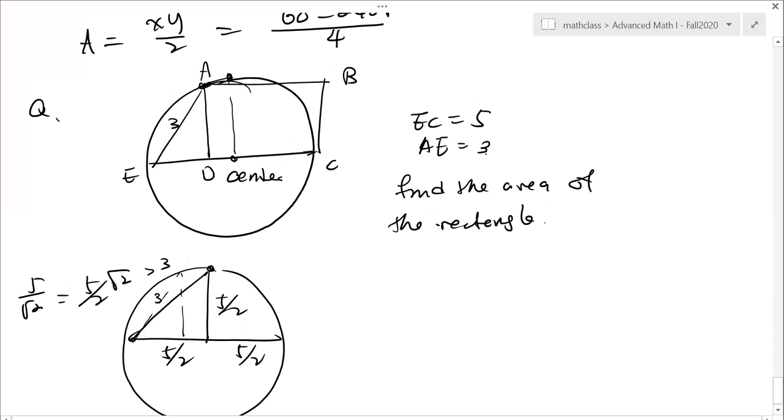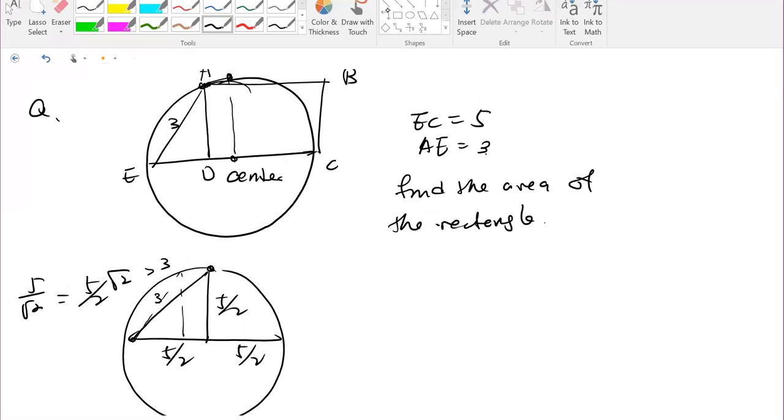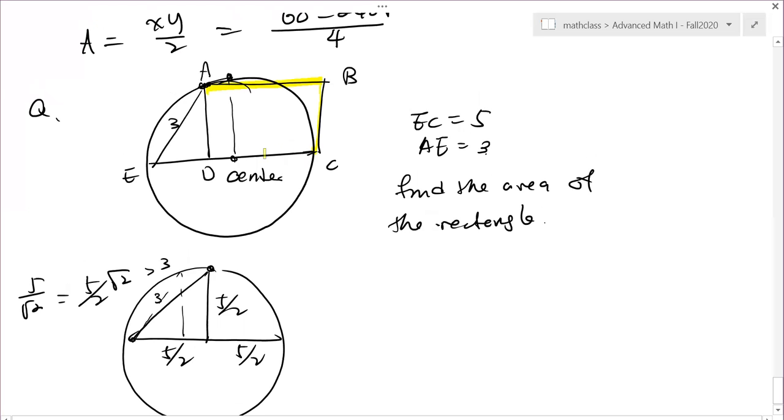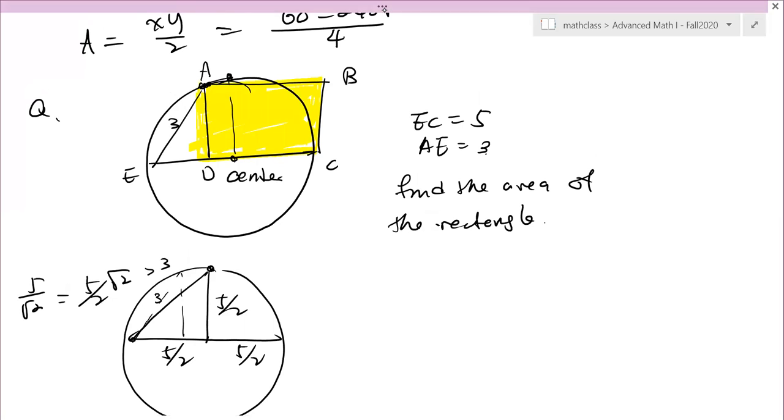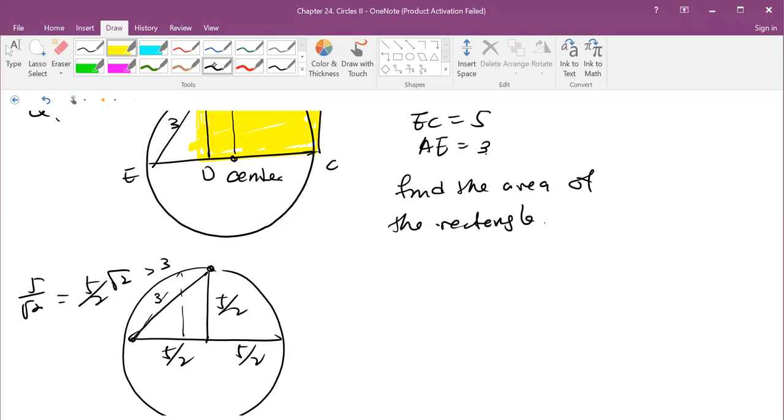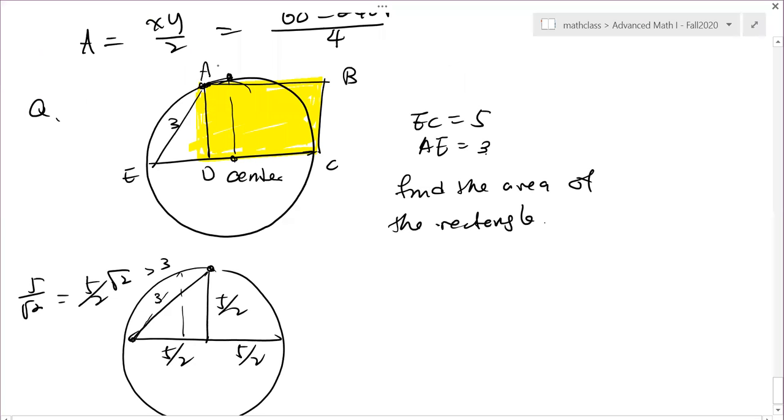Okay, then you draw the rectangle. So this is a rectangle. Okay, find the area of the rectangle.